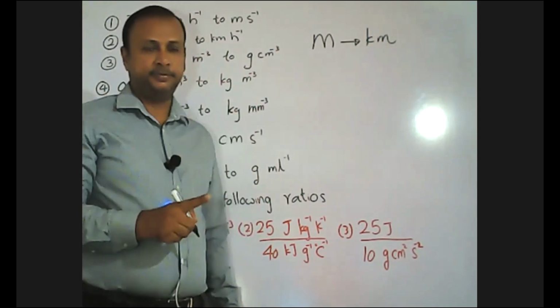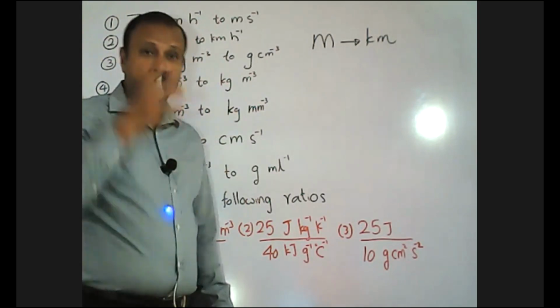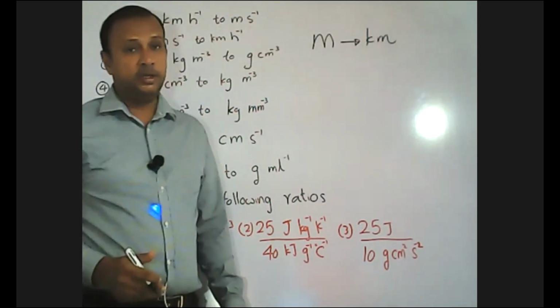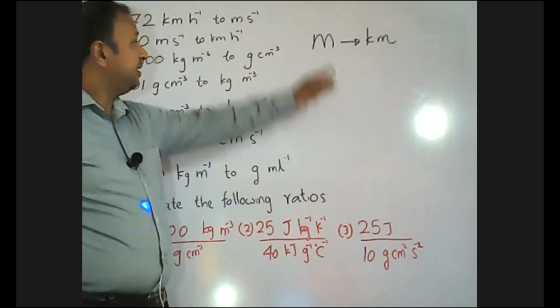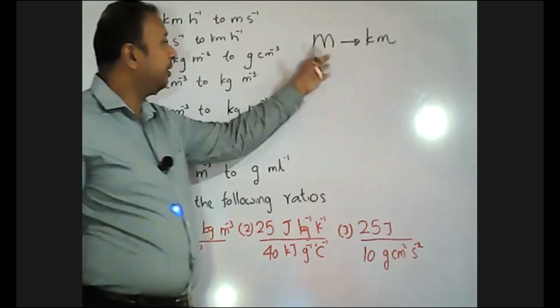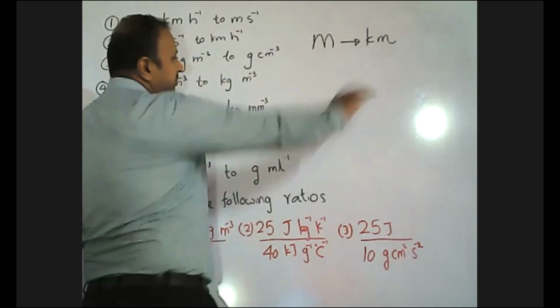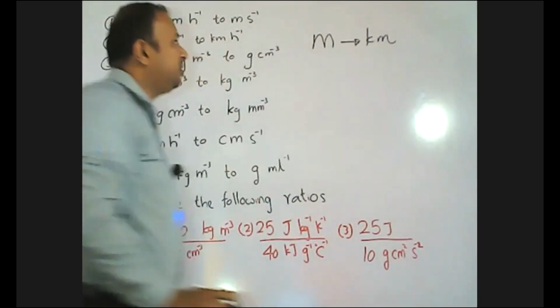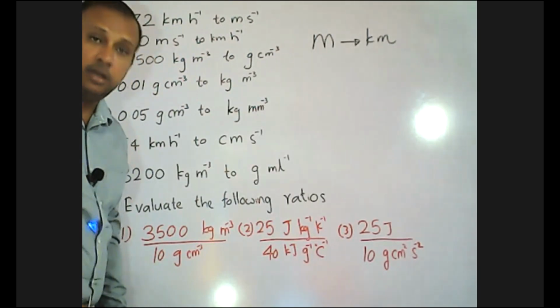If you want to convert some unit to a larger scale unit, that means you have to divide this value by the ratio of these two units. Meter and kilometer, the ratio between these two units is 1000, that means 10 to the power 3.